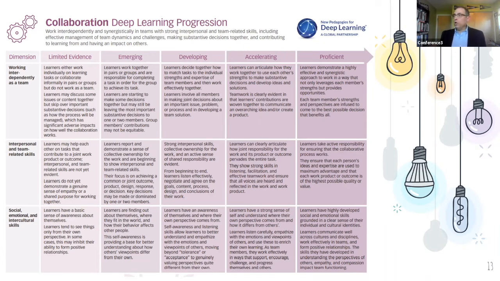Okay? So if you look all the way to the right, if you look at the language for proficient, right? If a teacher had created a deep learning environment that's proficient for collaboration, learners demonstrate a highly effective and synergistic approach to work in a way that not only leverages each member's strengths, but provides opportunities. Okay, so let's unpack that.